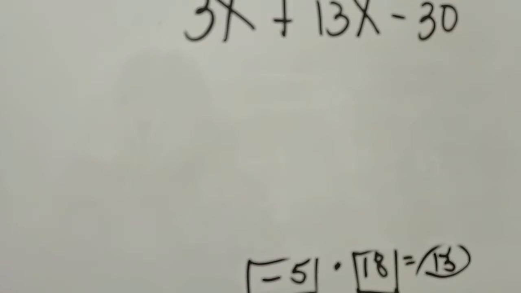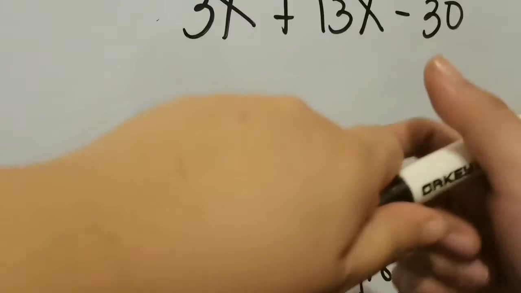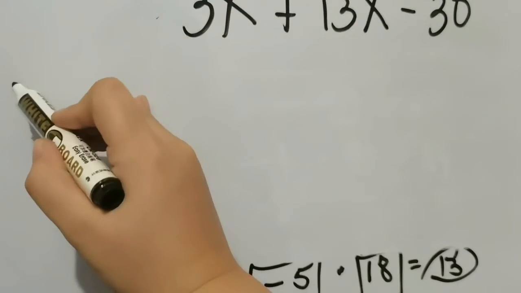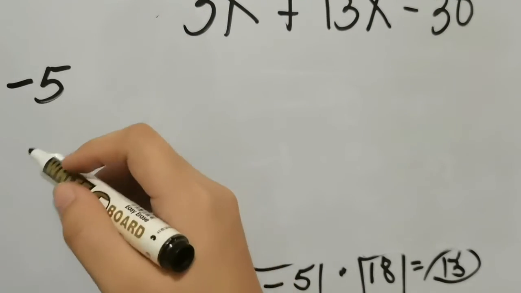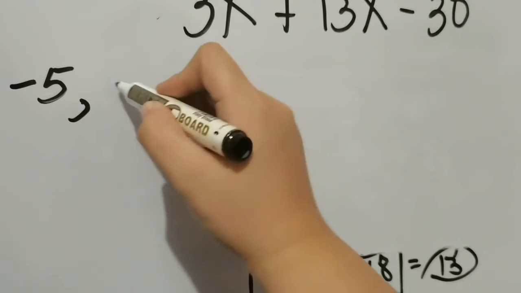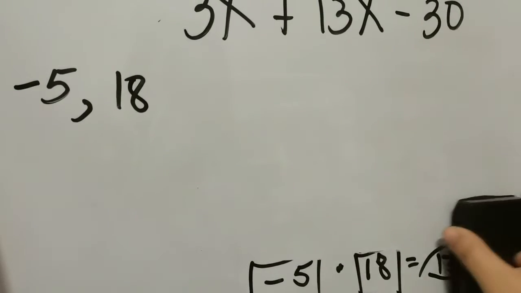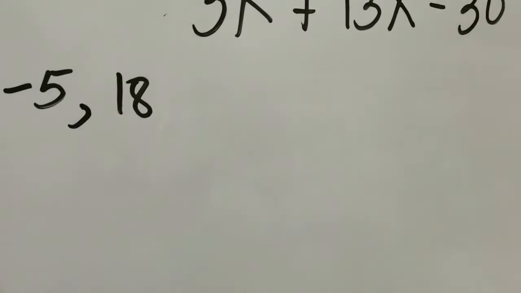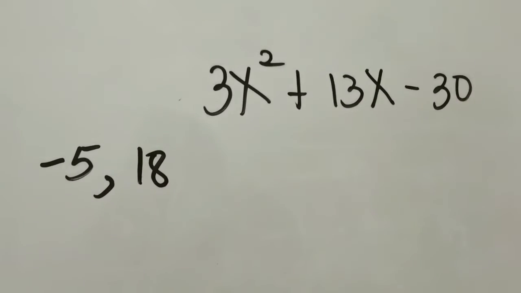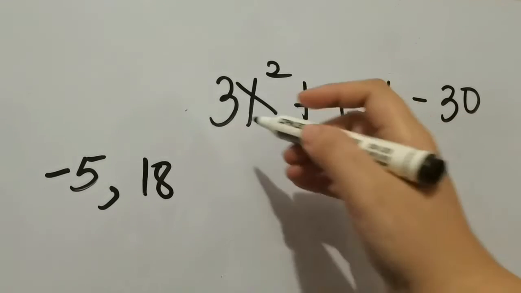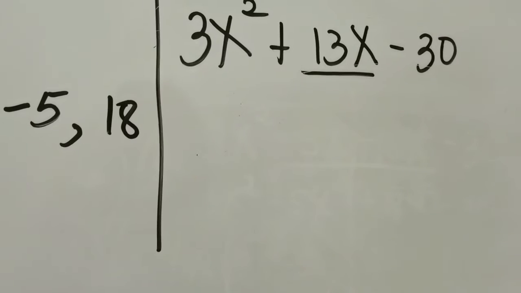Itira natin yung nasa ilalim. Actually, pwede natin siyang ilipat dito. Negative 5 and positive 18. Okay. Now, next step. Copy the first term.